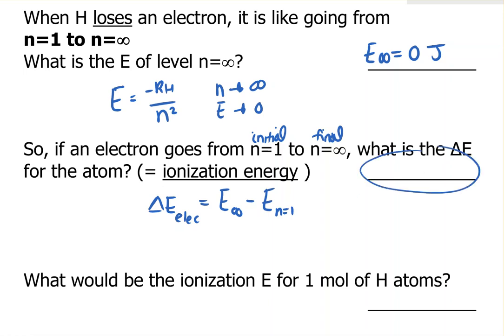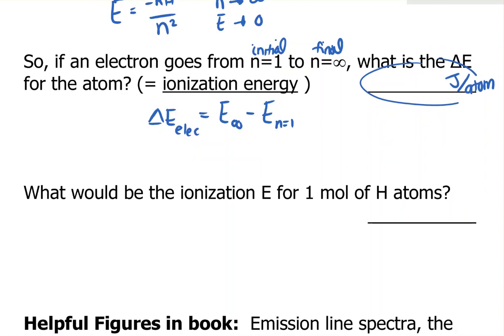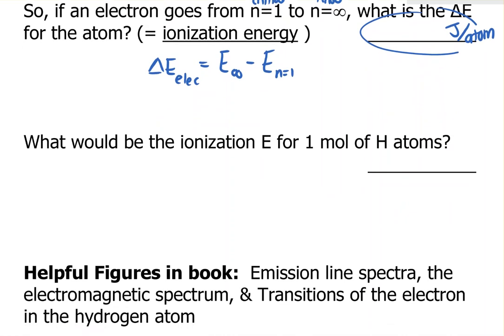But this number will come out in joules, and it is for one electron, but we are calculating it for the atoms overall, how much energy. So this will be in joules per atom. Okay, and so I'll let you come up with that number, and then next you're going to need to convert it to a mole of hydrogen atoms.